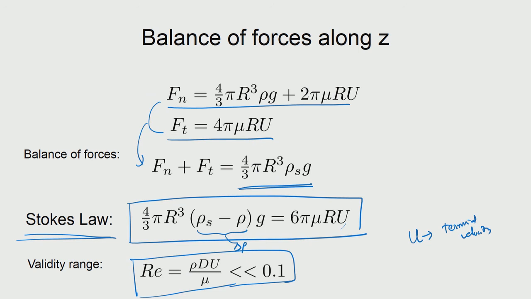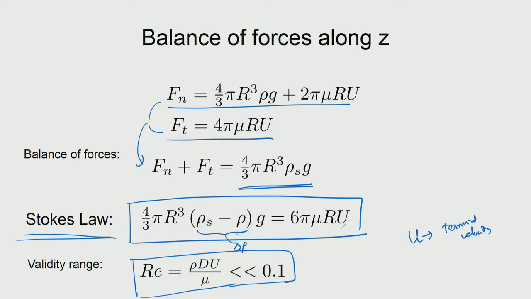Okay, so this is a validity range, and whenever we want to arrive at the velocity of the solid that is falling in the liquid column, and if the solid is having a radius r and the liquid is having a viscosity mu, then we want to find out what is the u. Then when we use this formula, we have to ensure that calculating Reynolds number would give us a number that is very small. So that is only when the creeping flow regime is valid.